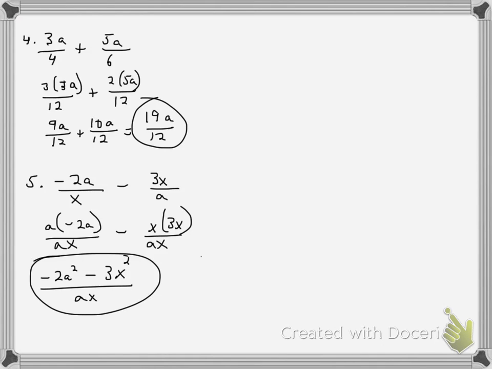Number 6. Now to find my least common denominator, I'm going to factor both denominators.